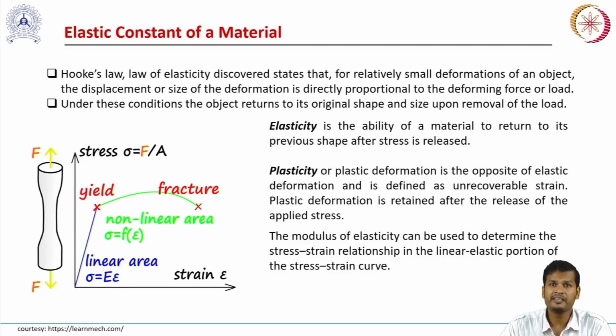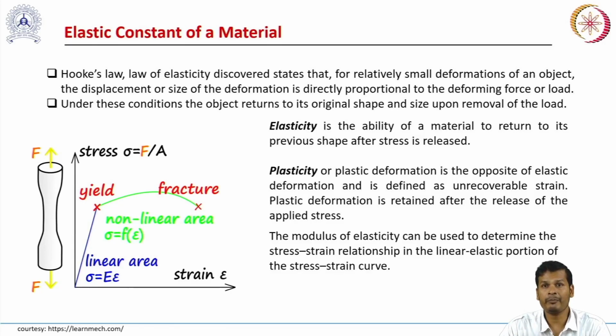And under these conditions, the object is going to return to its original shape and size upon removal of the load. That means when a stress is applied, how much deformation is going to happen? It will depend upon how much force or load or stress is applied on the body.